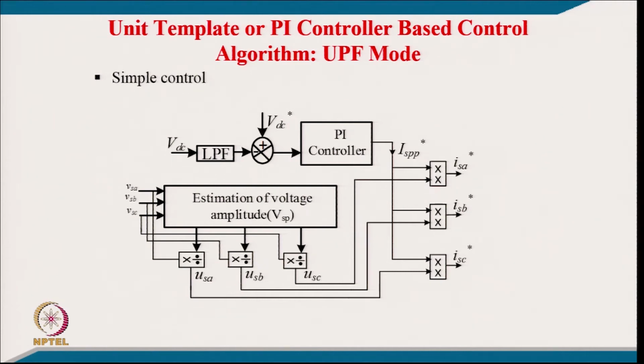It has losses in the sense of dielectric loss in the capacitor of the DC link, losses in the interfacing inductor, losses in the ripple filter, and losses in the inverter or voltage source converter devices. So, all these losses also have to come from the supply system as active power. That is the reason we consider this as the active power amplitude.